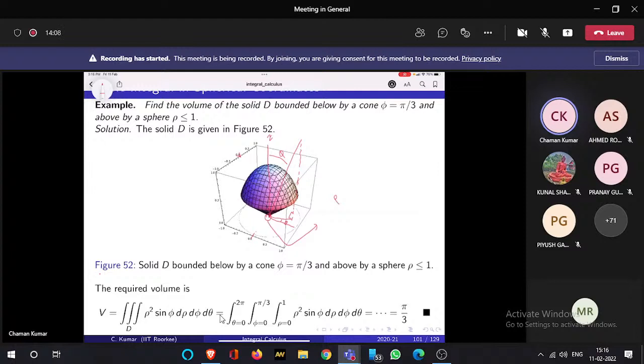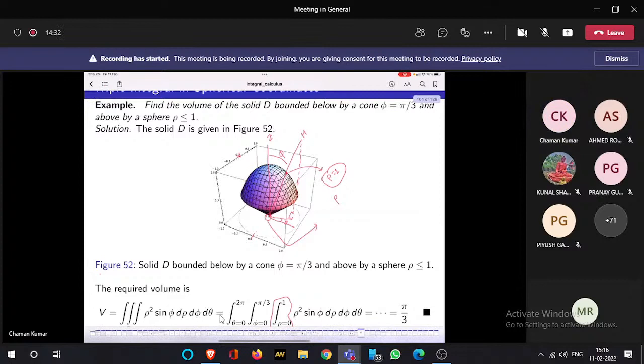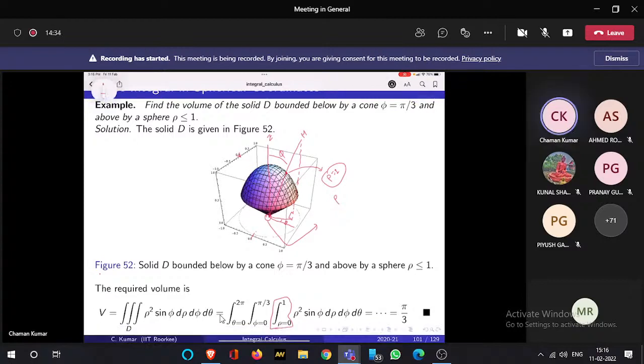And the exit point, this was the ray M, and the exit point is on the sphere. Right, so this is the exit point, so that means rho is equal to 1. On this sphere, the value of rho is 1. So that means the integral is from 0 to 1. Okay. Now you are able to identify the range of rho.